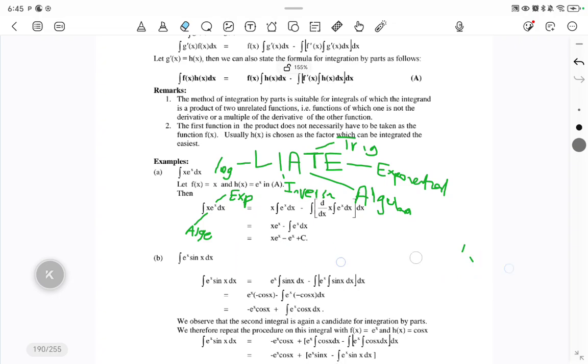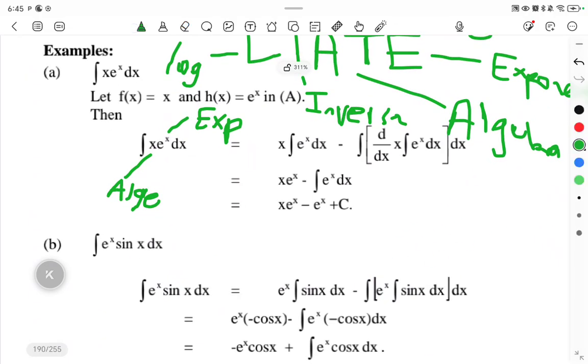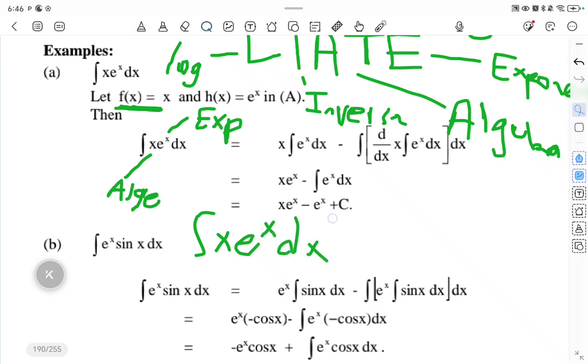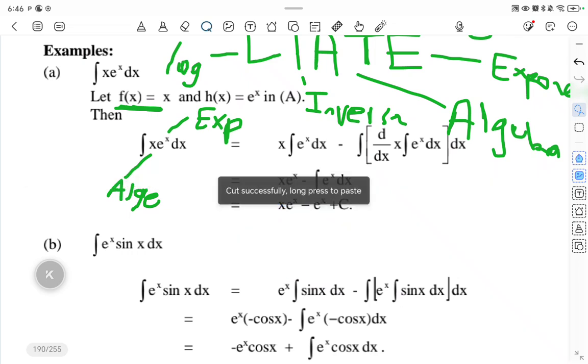So what I can do first, let me just take this question and show you. The one that comes first, we're going to let it be f of x. Then the second one will be just that e to the x, right? Let me say this. The integral of x e to the x dx. I think the best way to explain it is if I write it on a separate page.